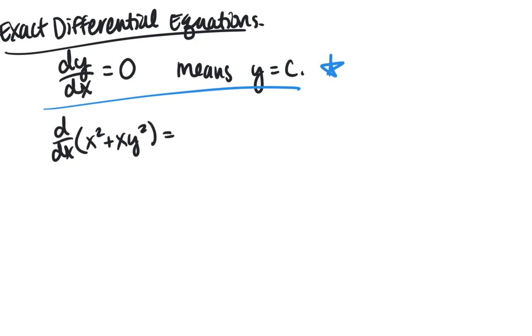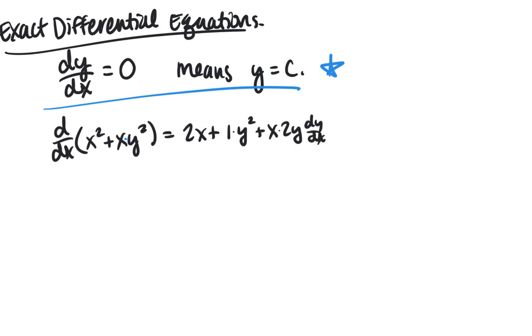That would be 2x plus, then I'd have a product rule going on here, because if I'm taking the derivative implicitly, then y also depends upon x. So I'll have 1 times y squared plus x times 2y dy/dx.